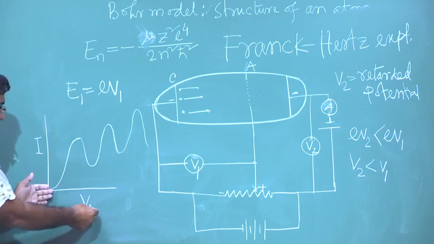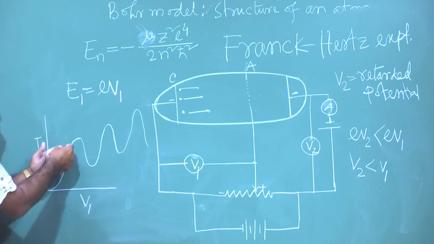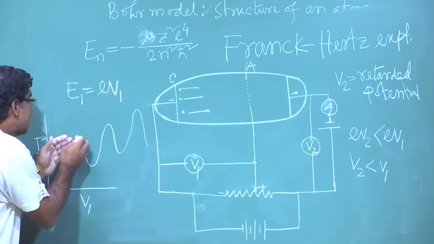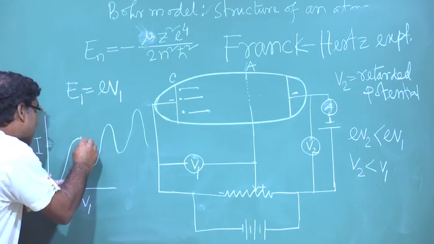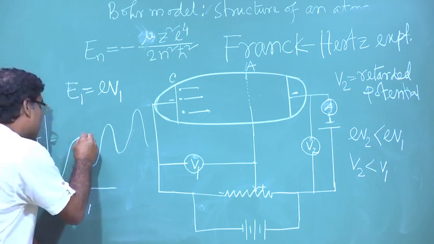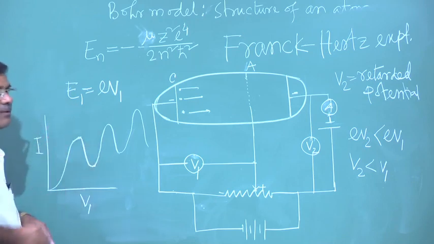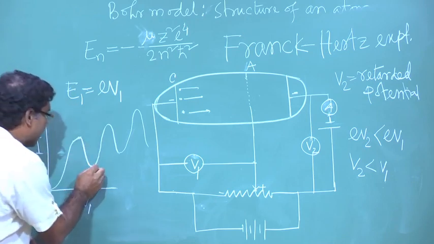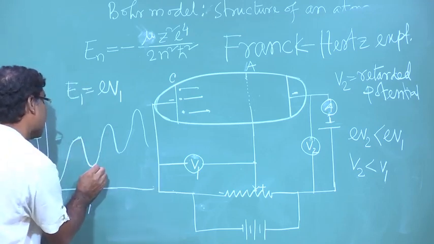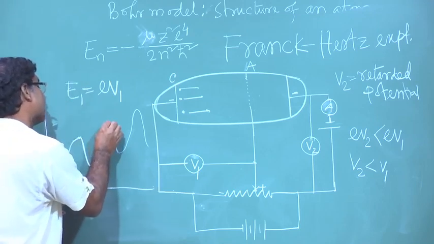Voltage is increasing, current is increasing, more and more electrons are reaching there. Then it reaches the highest value, then suddenly the current drops from the peak value to a smaller value, and then if we continue to increase the voltage, it increases again.